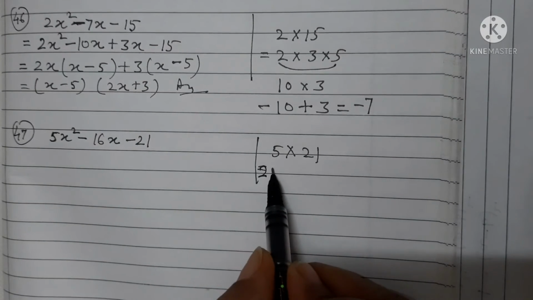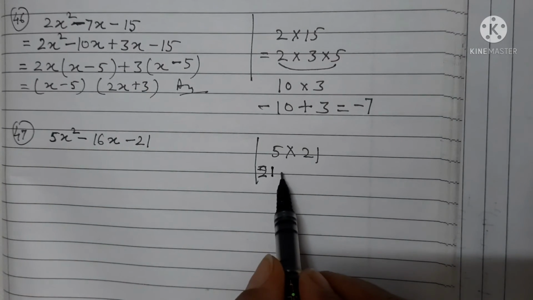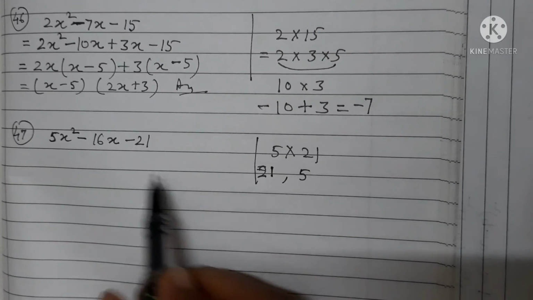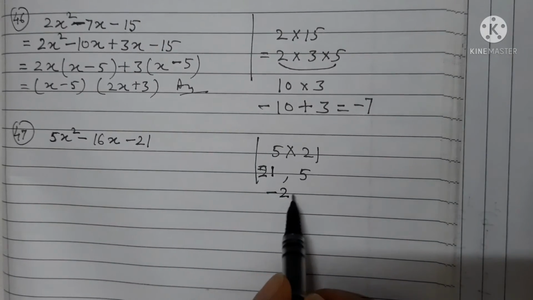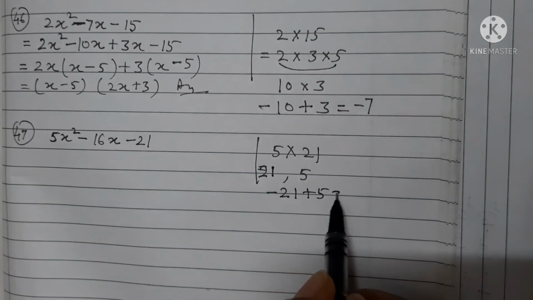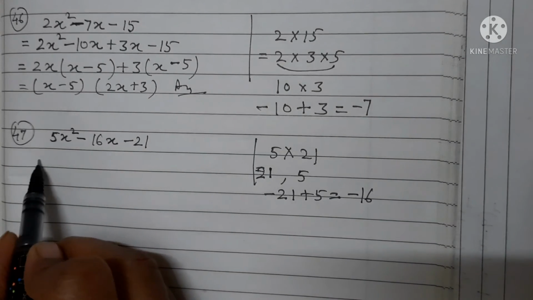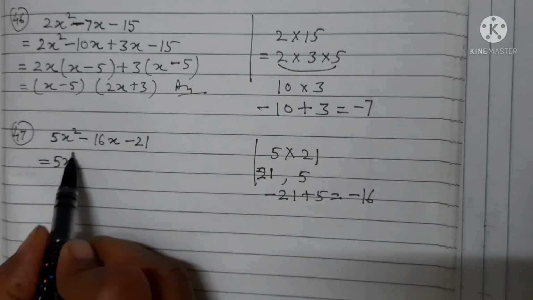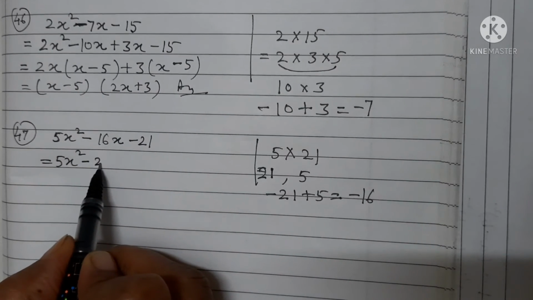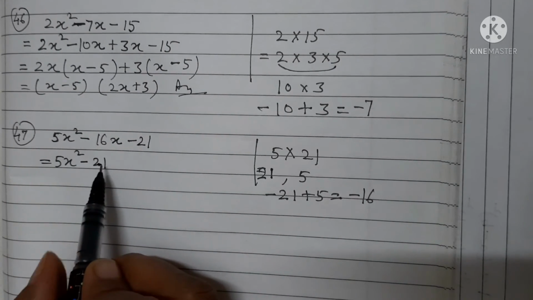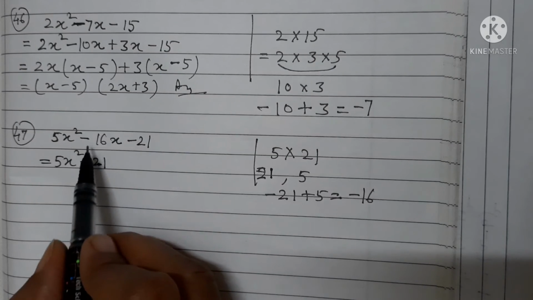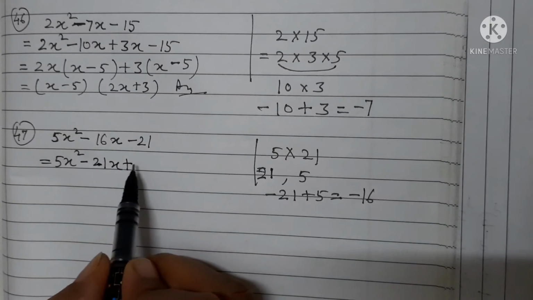So here the two parts are 21 and 5, and the minus sign means minus 21 plus 5 is equal to minus 16. You can write it 5x square minus 21x plus 5x minus 21.